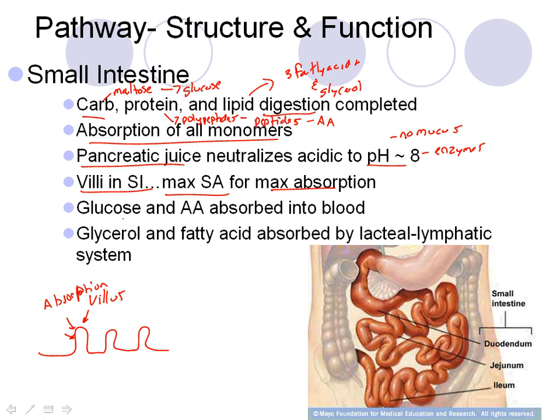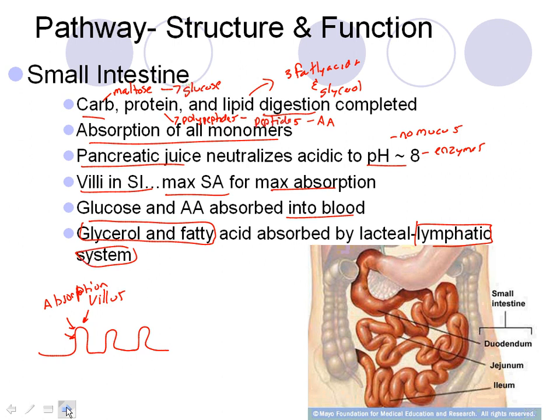The 2 things that are actually absorbed into the blood are glucose and amino acids, whereas the fat byproducts or monomers are going to be absorbed into the lymphatic system. All this stuff we'll see in a little bit more detail, but those are the big differentiations. Make sure you know that this part is going to go to the lymphatic system, whereas glucose and amino acids will be absorbed directly into the blood.